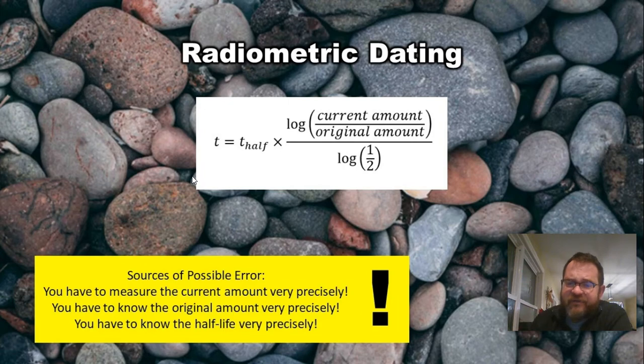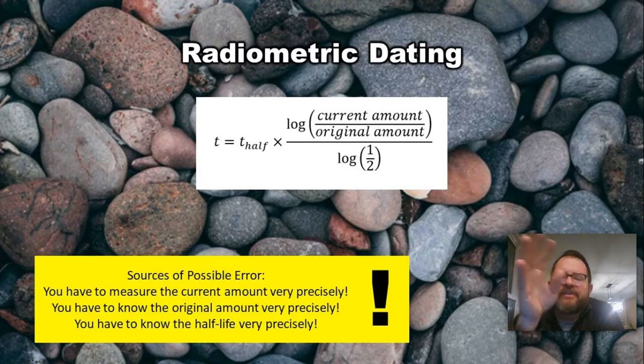Now, this is not a perfect process. The equations that describe radiometric dating are actually perfectly fine. There's nothing wrong with that. But, for example, we'd have to be able to measure that current amount of potassium 40 in the rock extremely precisely, and that is not a trivial thing to do. The potassium 40 isn't like a chunk of it in there that we scrape out and weigh.